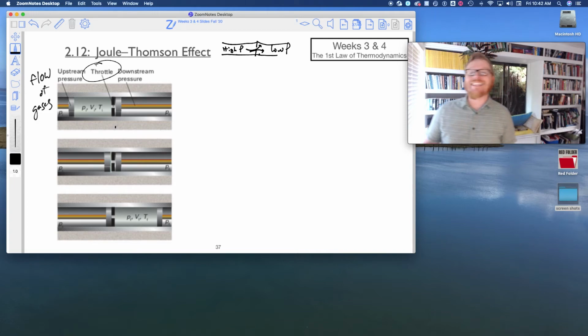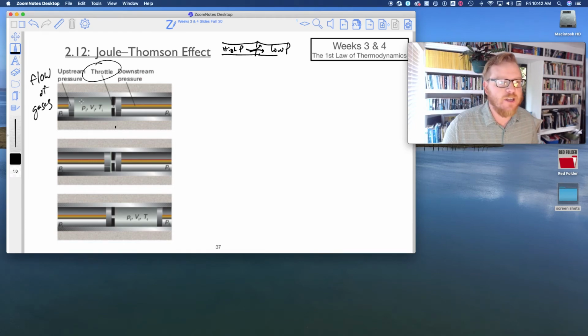The throttle is the key in the Joule-Thomson experiment. So you have some set of initial conditions over here, and it's drawn like a piston, and you can approximate this as a piston to prove that it's isenthalpic, and I'm not going to spend a whole lot of time with that.